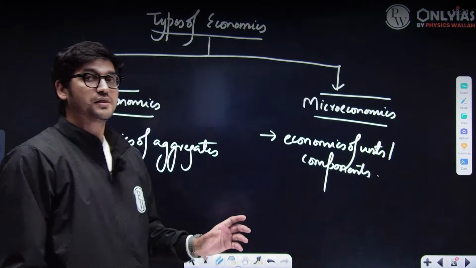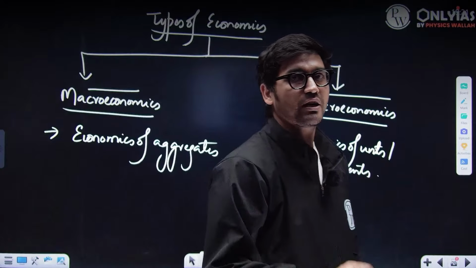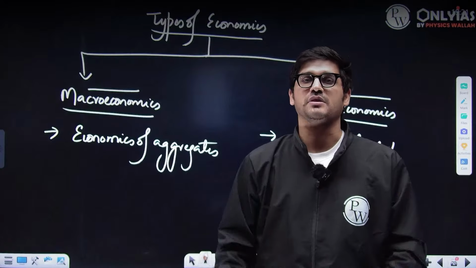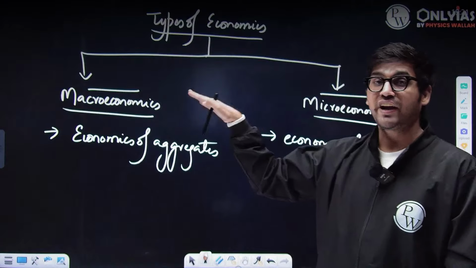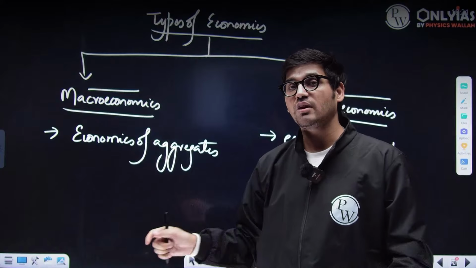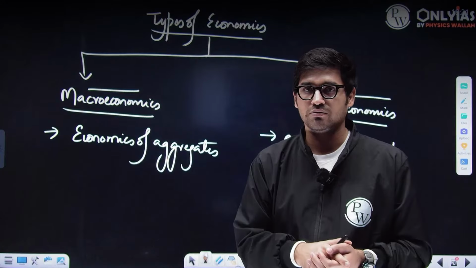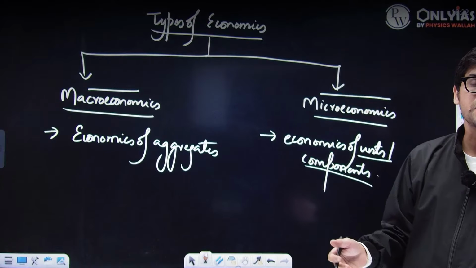Now, understand, there is a very common misconception about macro and micro. What is the common misconception? How do you define macroeconomics? We say that the economics of the aggregate is macro, while the economics of units or components is micro.